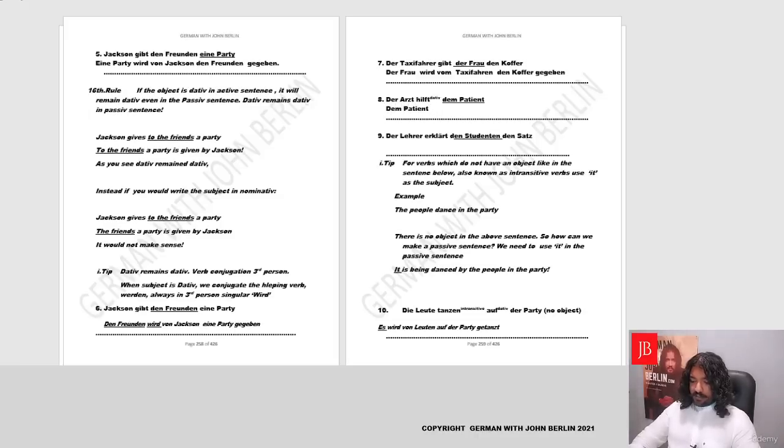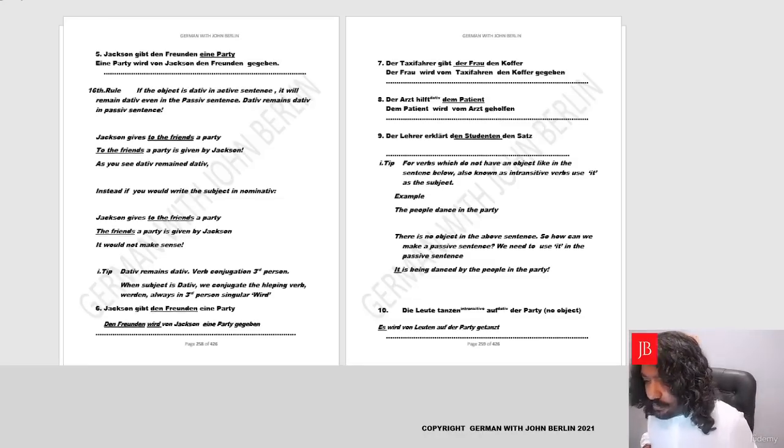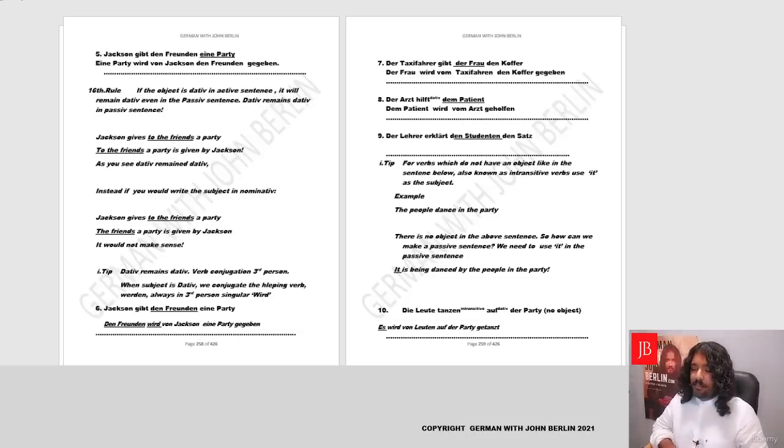Conjugate the verb werden in third person: dem Patient wird von dem Arzt, it will be vom Arzt. Yes, dative. Geholfen. The verb to help is helfen. In perfect form, you add a GE and it's then geholfen. Dem Patient wird von dem Arzt geholfen. To the patient, help is being given by the doctor.